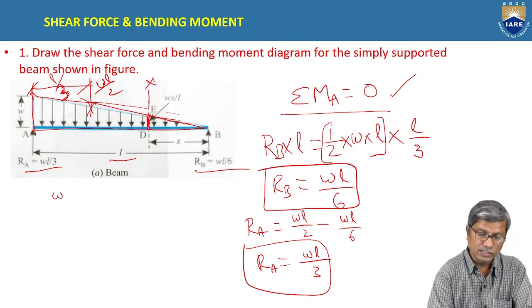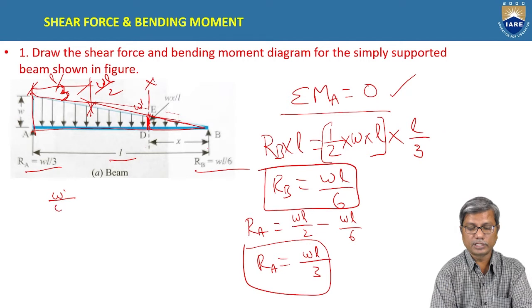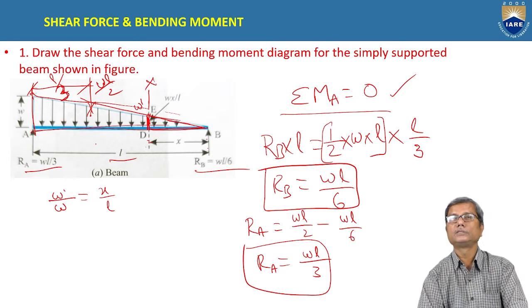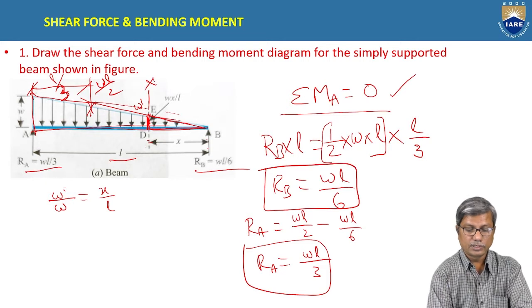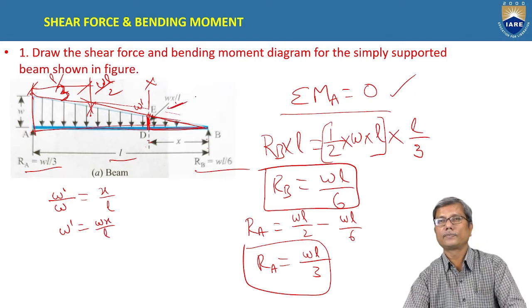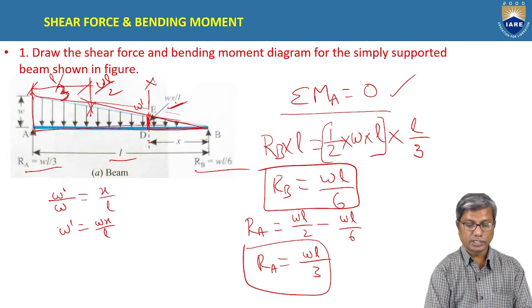So if the intensity at x is W dash, then W dash by W equals x by L. X is this side of the triangle, and L is this side of this triangle. These two are corresponding sides. So W dash is equal to Wx by L. The intensity of loading at any section is given by Wx by L.